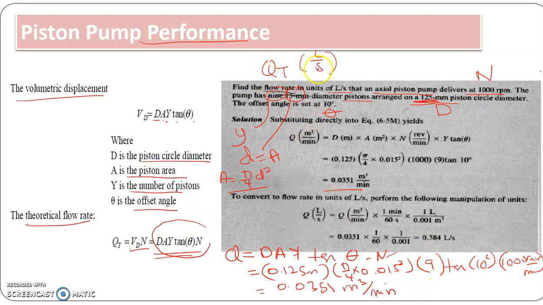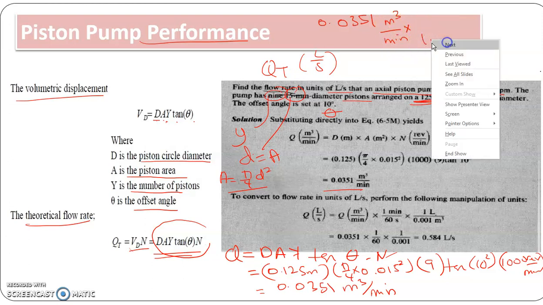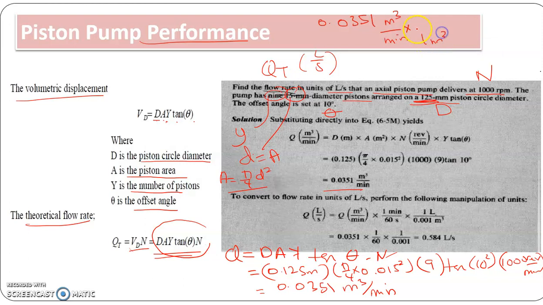But the answer asked is in liter per second, so you need to convert 0.0325 meter cube per minute to liter per second. First, 1 meter cube equals 1000 liter.